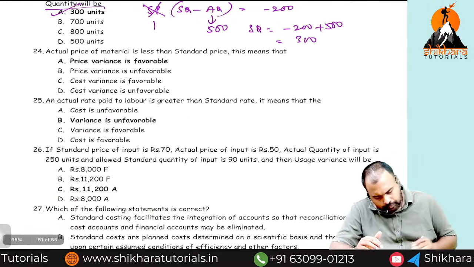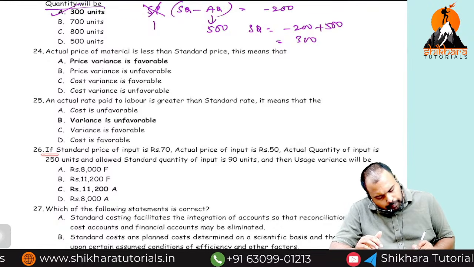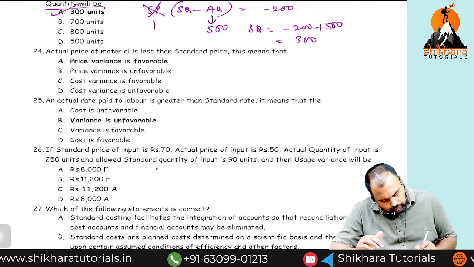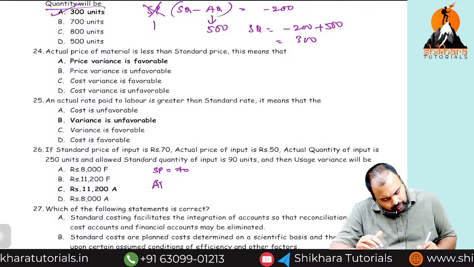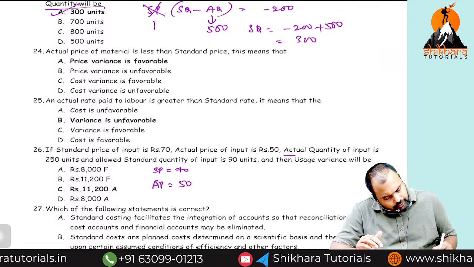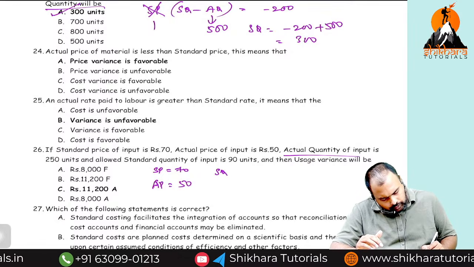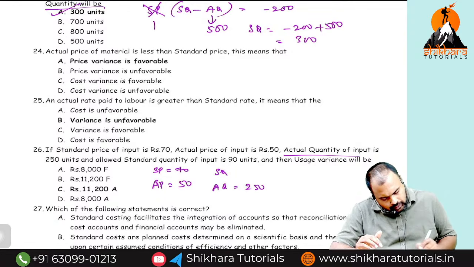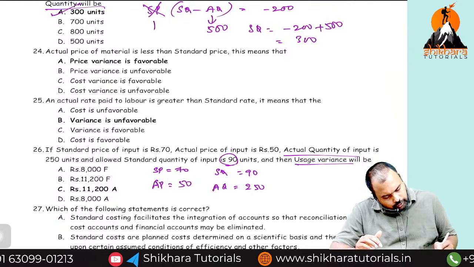Next. If standard price of an input is 70, so SP is equal to 70, and actual price of an input is 50. Actual quantity of an input is 250, and allowed standard quantity of it is 90, then what should be the usage variance?